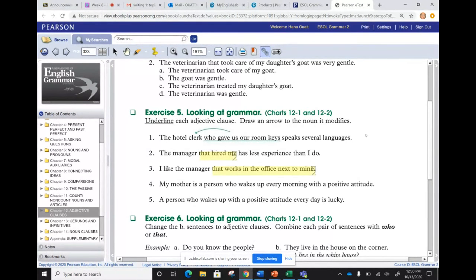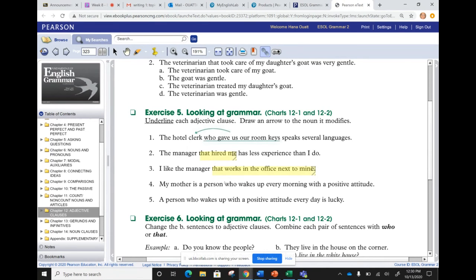That is SRP, and works is a verb. Good. And did you draw the arrow? Over to what? To I or to manager? To manager. Good. We draw the arrow to manager. That's correct. Okay, let me finish the rest for you.